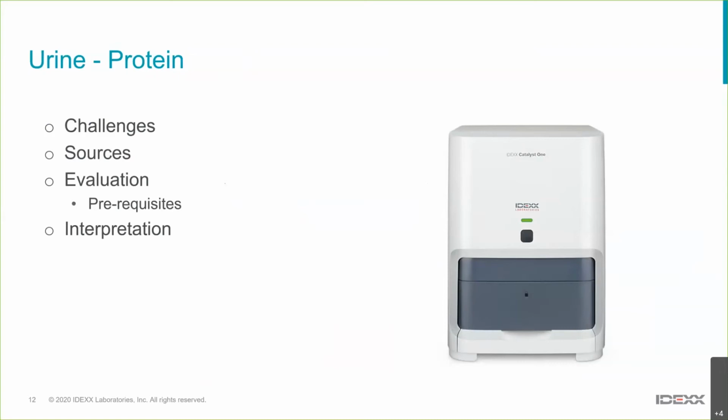That gets a little expensive doing it three times. So the second alternative is to collect those three urine samples over consecutive days, do a sediment exam on each to make sure there's no active sediment, and then on day 3, collect equal volumes of each sample, pool them together, and run a UPC on that pooled sample. That gives you the average UPC over the three days.